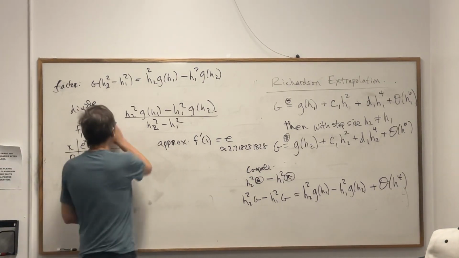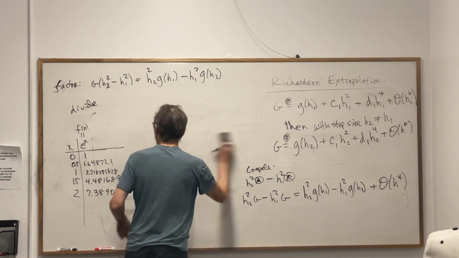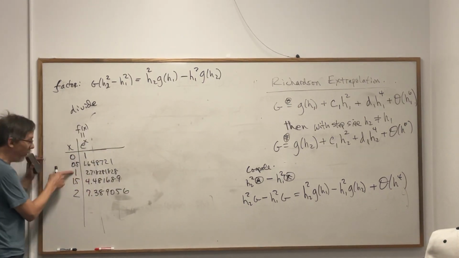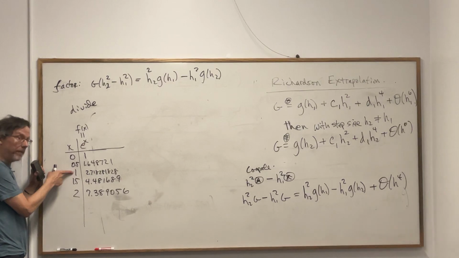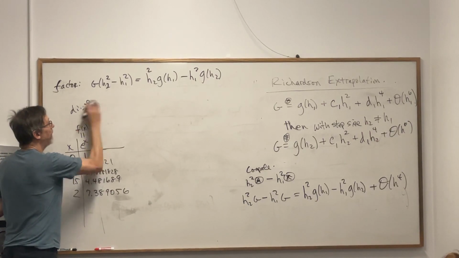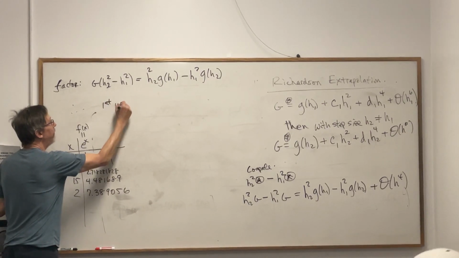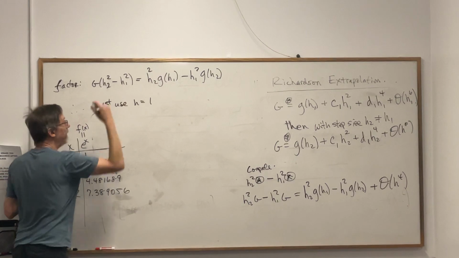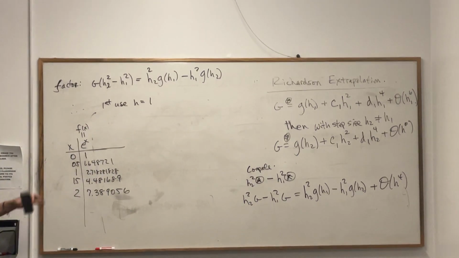Let's do an approximation with h equals 1. Remember, I want to approximate f prime at 1, so I'm going to use a central difference formula, first with h equals 1. That's a pretty big step size, so we should not expect this to be great, but we'll see what happens.